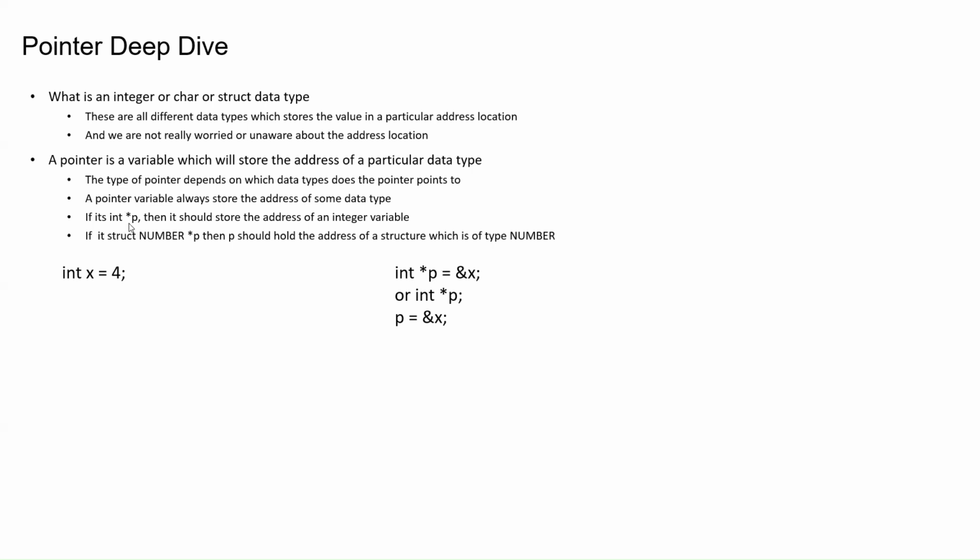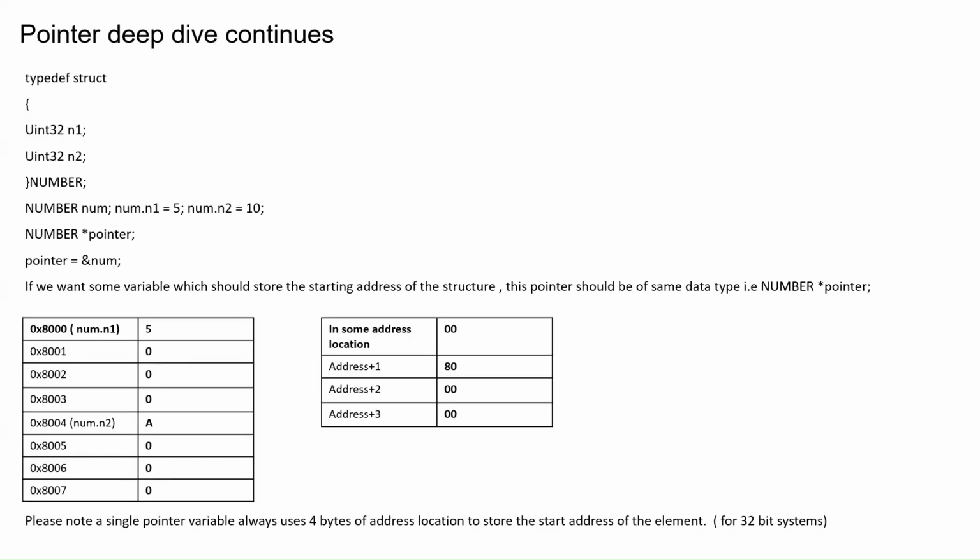If it's an int *p, then it should store the address of an integer variable, not any other data type. If it is a struct number *p, then p should hold the address of a structure of the type number. I'll try to show you with some examples.